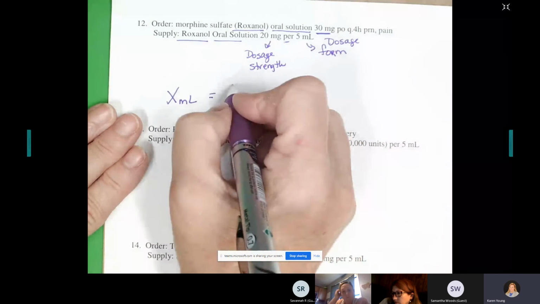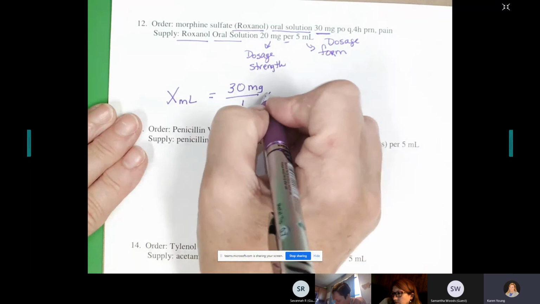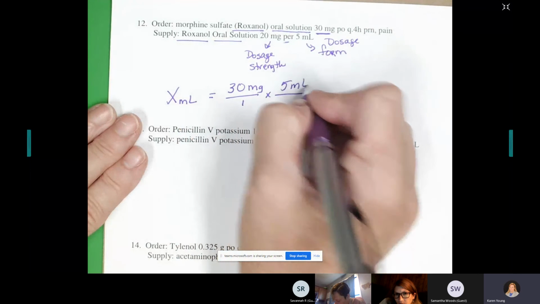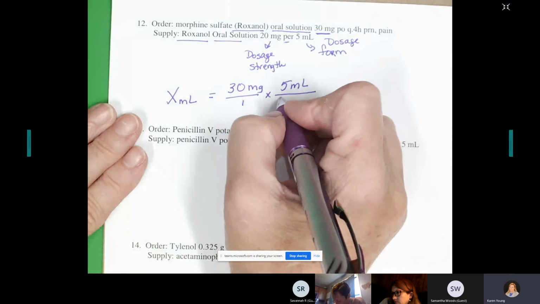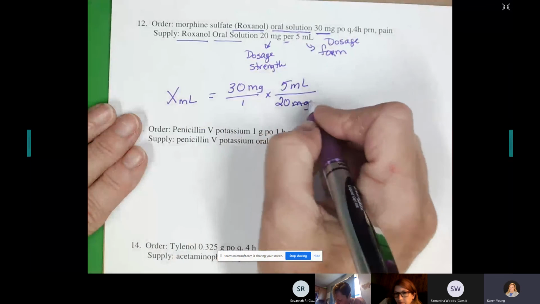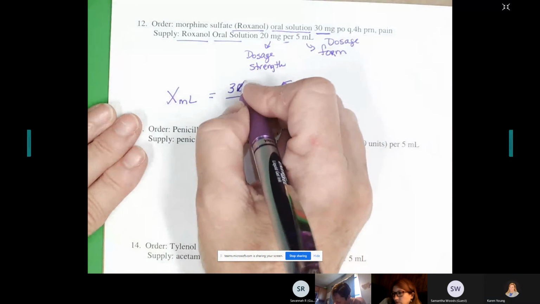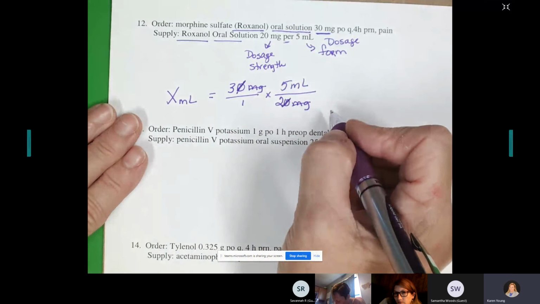So I'm still starting with my doctor's orders, the 30 milligrams over 1. My dosage form is my 5 milliliters. My dosage strength is my 20 milligrams. I'm going to cancel my units. And then I'm going to cancel my zeros. So I got 1 zero on the bottom, 1 zero on top.